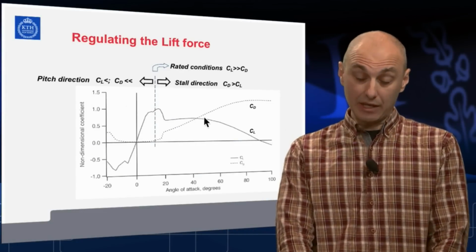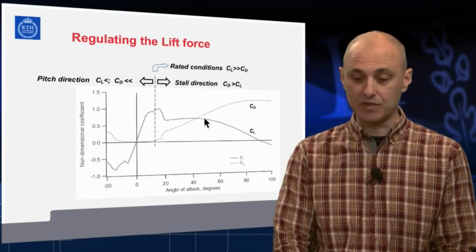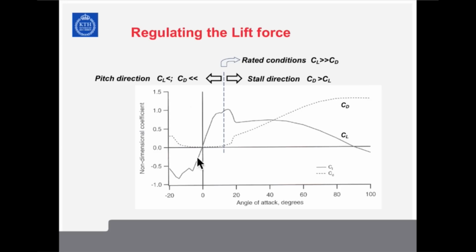If this helps for the better understanding of pitch and stall, we can use this common diagram saying that in optimum performance, the turbine is attempting to operate always approximately in this range here. Angle of attack defined so that the lift coefficient towards drag coefficient is as big as possible.